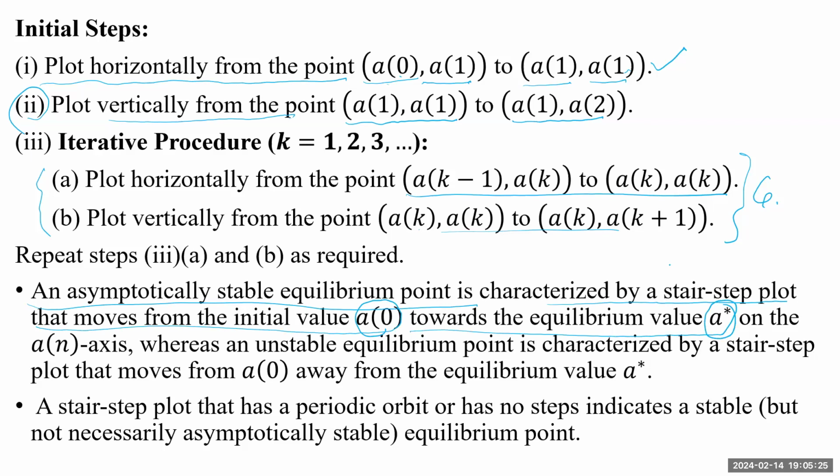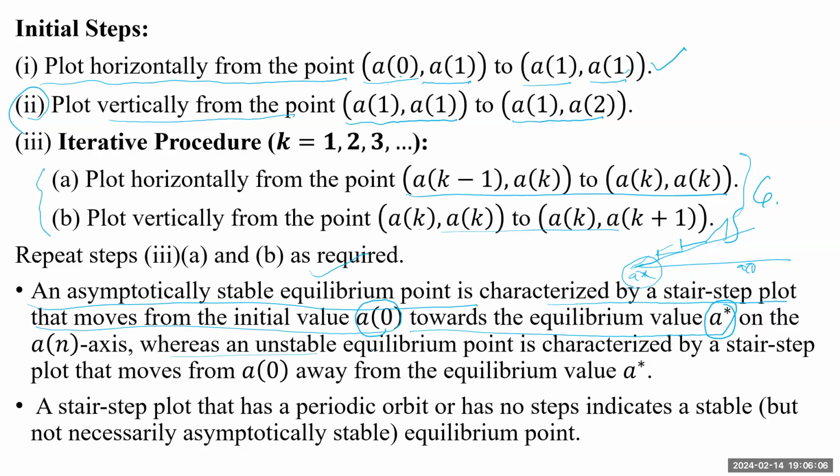That is the A naught, whatever the staircases. So this is A star and A of 0. That one is moving towards the equilibrium point. We call it an asymptotically stable equilibrium point, on the A n axis.